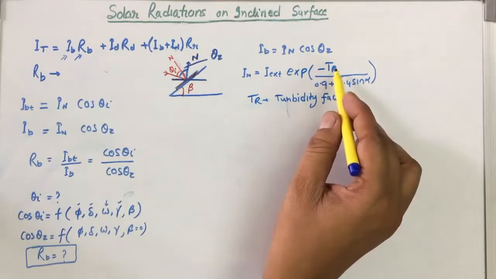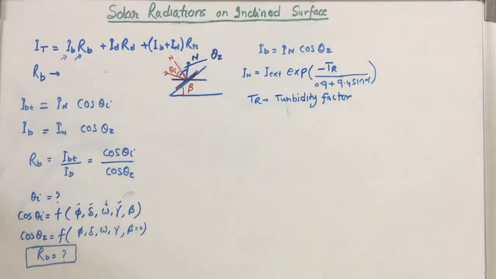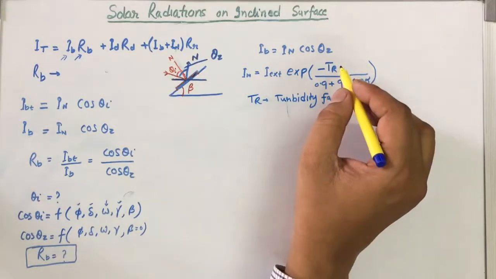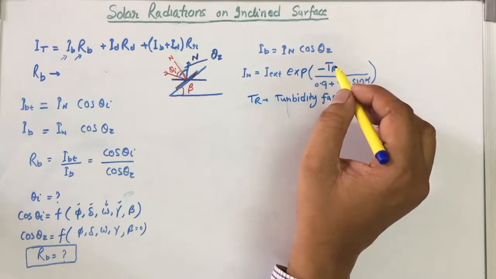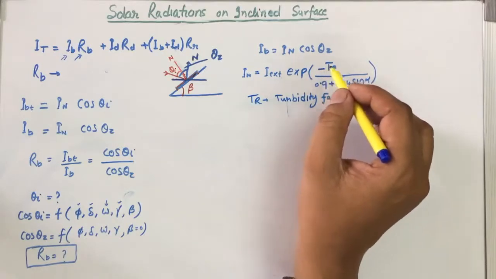So that will be provided to you in the data sheet of that location, or you can get it from the table that is defined for any location for different weather conditions. So in that case, no need to calculate, you just have to get it from the source provided to you and put it here.